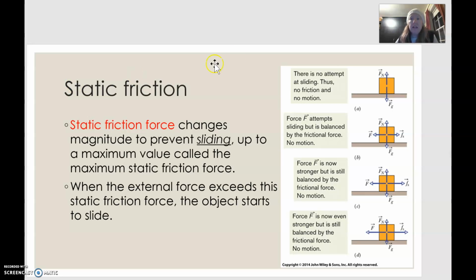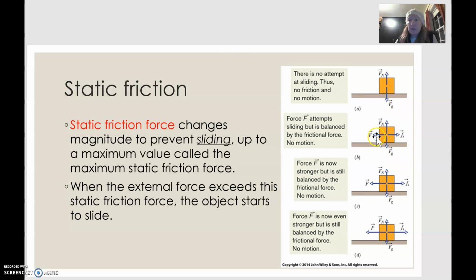And so you can see that in this series of images here, that first they're showing a box that has no sideways forces on it at all. It's just motionless, because it's just got normal force canceling with gravity.